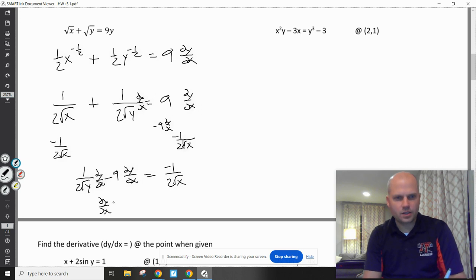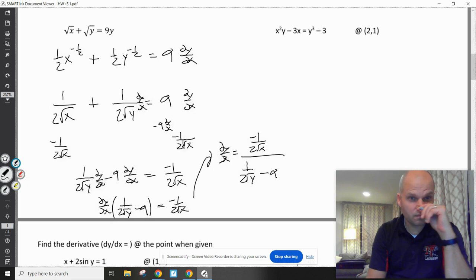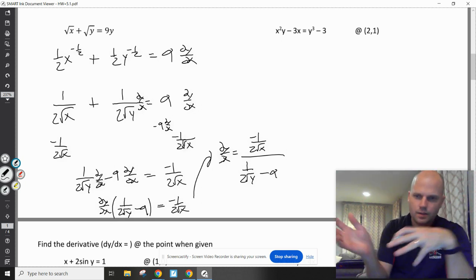Factor out dy/dx. This is one of those where I feel like I'm going to be able to simplify this, or else it's going to look gross. If you have dy/dx's on both sides, get them on one side, then factor them out.